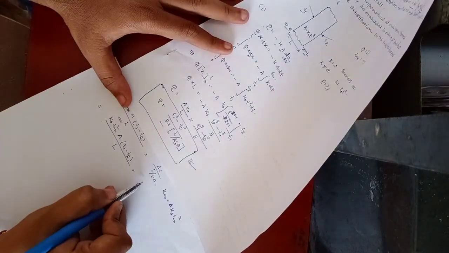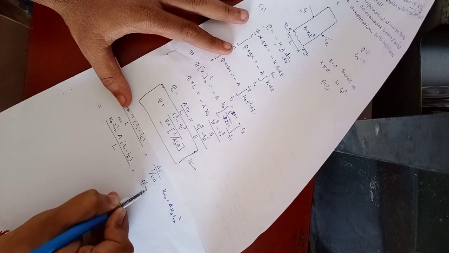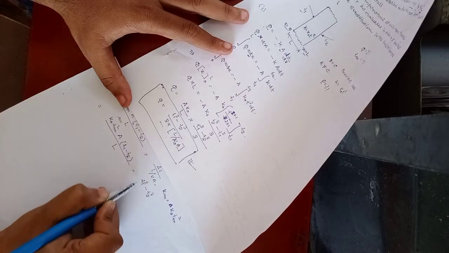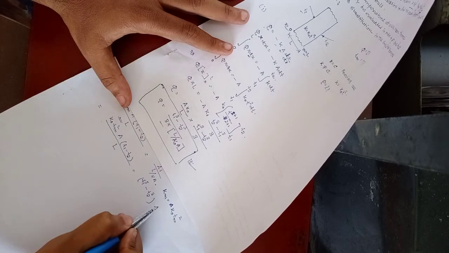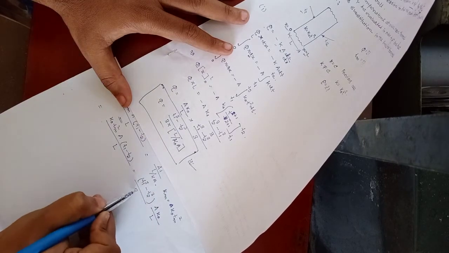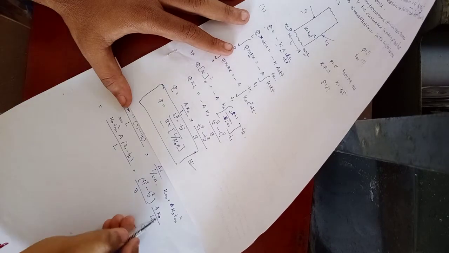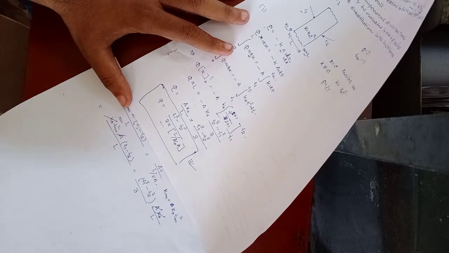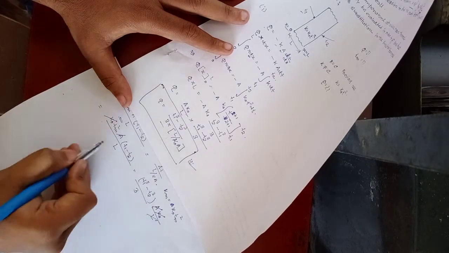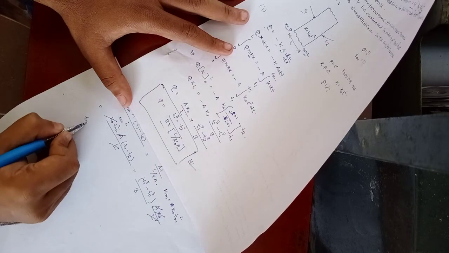So we can write T1 cube minus T2 cube into A into K0 by L by 3. Here we can cancel K0, A and L. So what is Tm square?